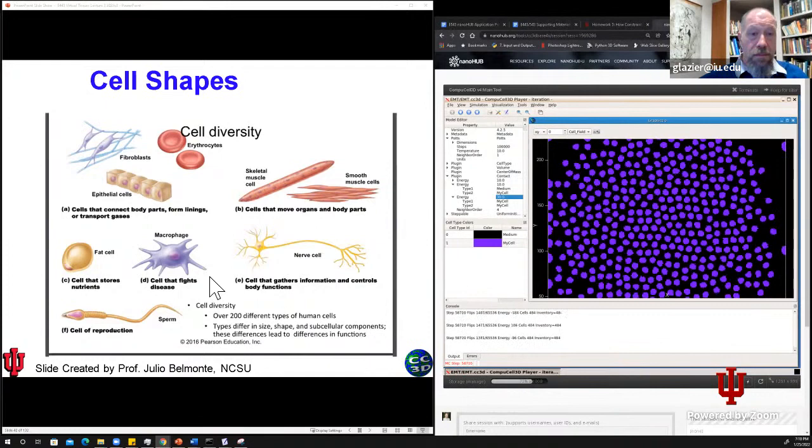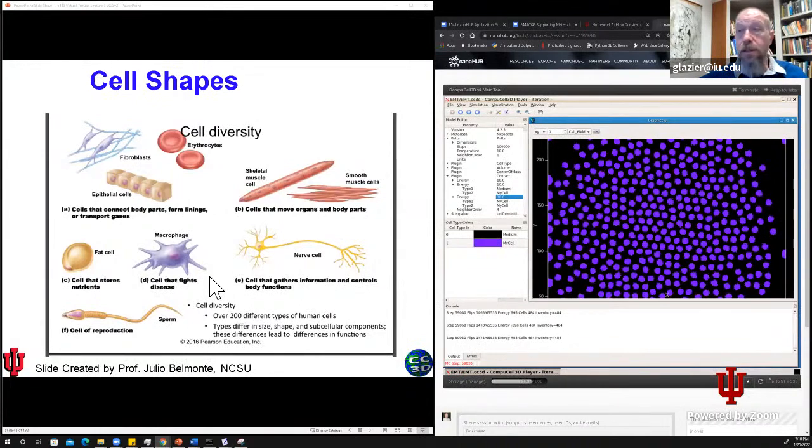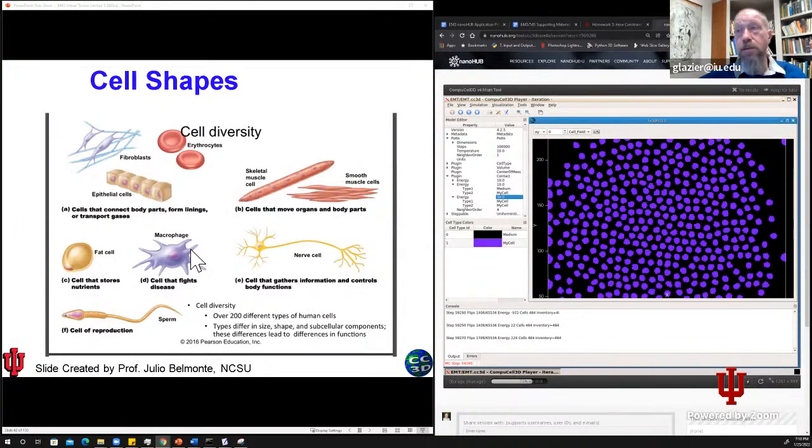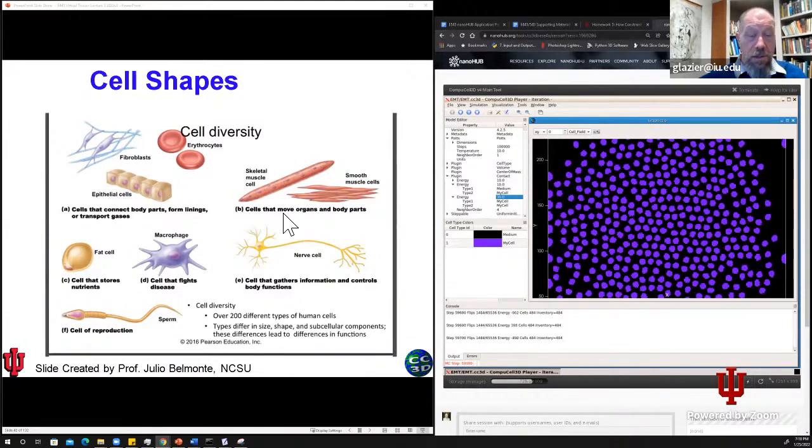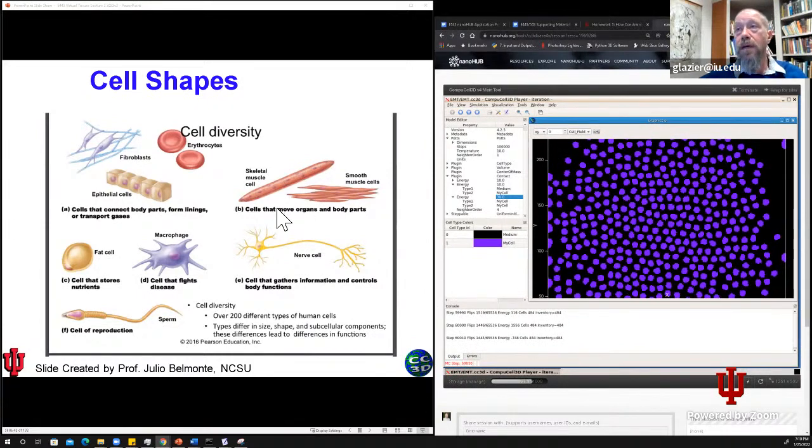You have macrophages and neutrophils that are very invasive and crawl around a lot. You have these epithelial cells that we've talked about a great deal. In the case of muscle cells, you have the complexity that the cells actually aggregate. They lose their cell-cell boundaries and merge together to form a syncytial structure.